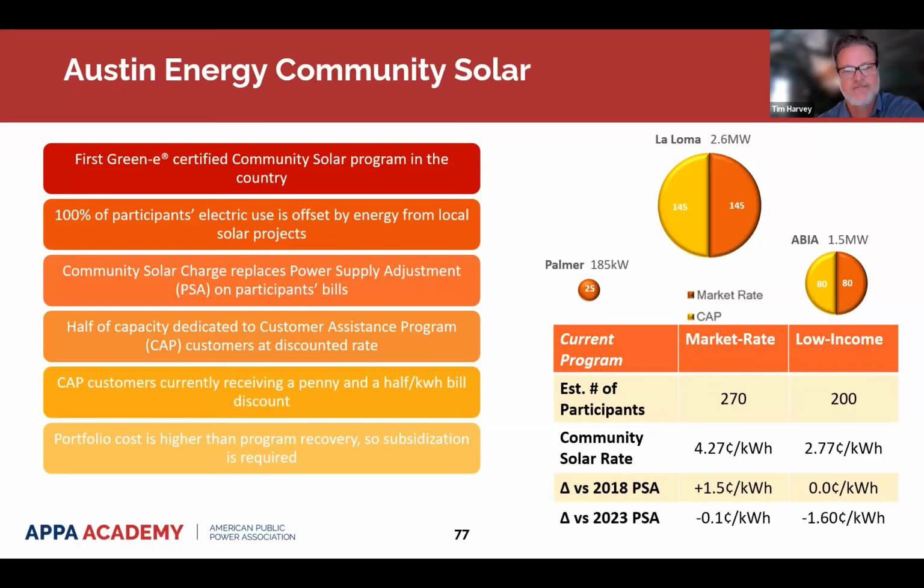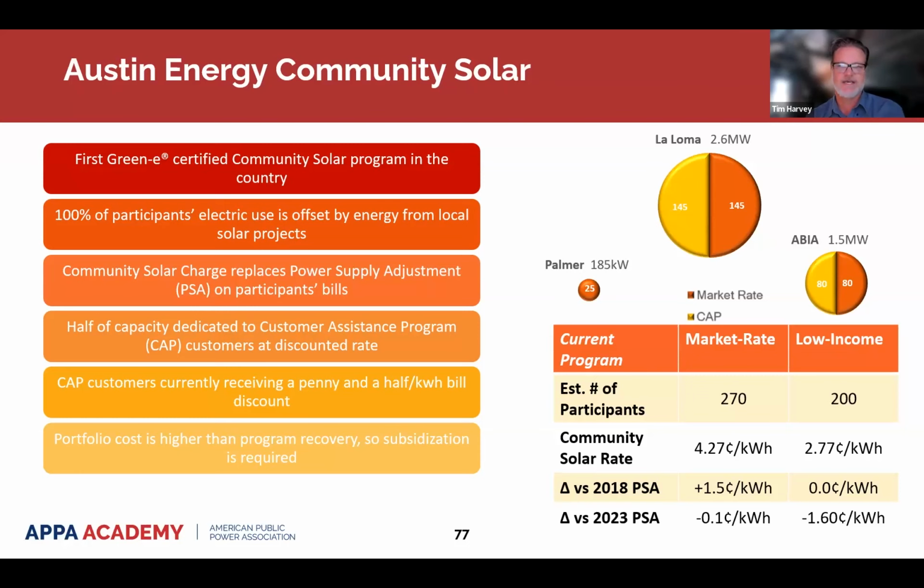And so, that's something that we're working to improve with each iteration of new additions to the portfolio. So this kind of leads back to that portfolio concept that Joyce was referring to earlier.